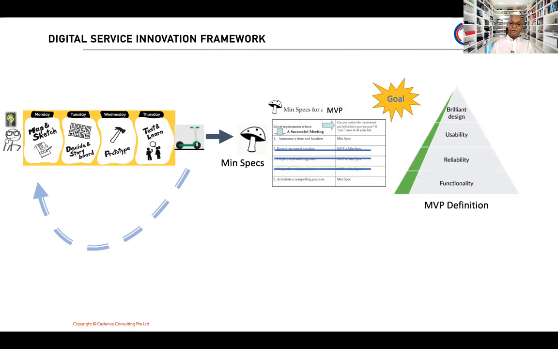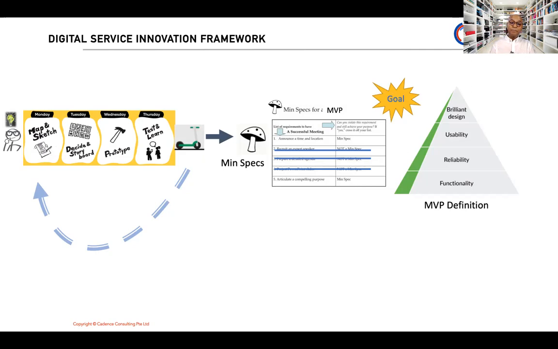The next step is to spec out the minimum viable product, which is the first version of the service with just enough features to be usable by early users. In order to ascertain which minimum set of features to include in the MVP, we use an exercise from liberating structures called min specs.